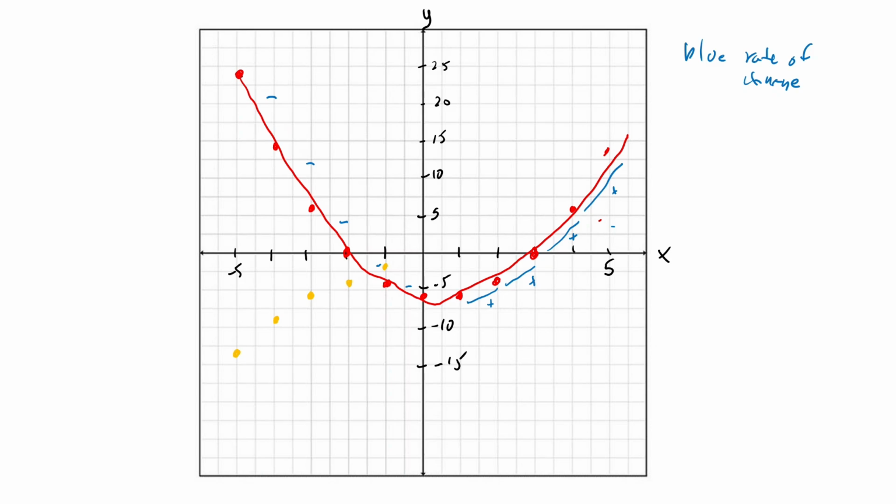At 0 we had minus 1, and at 1 we had 1. At 2 we had 3, at 3 we had 5, at 4 we had 7, and at 5 we had 9.